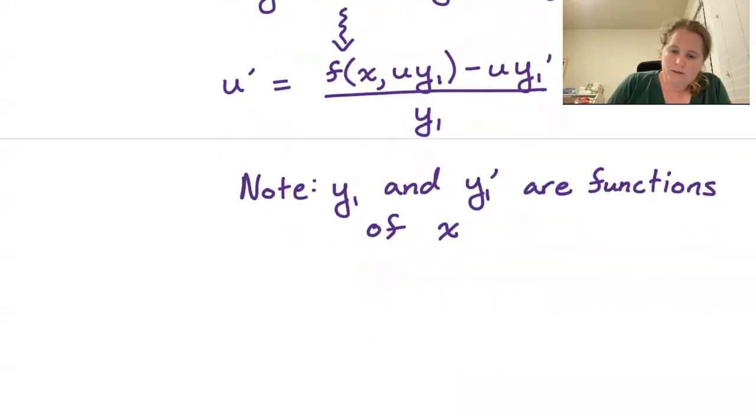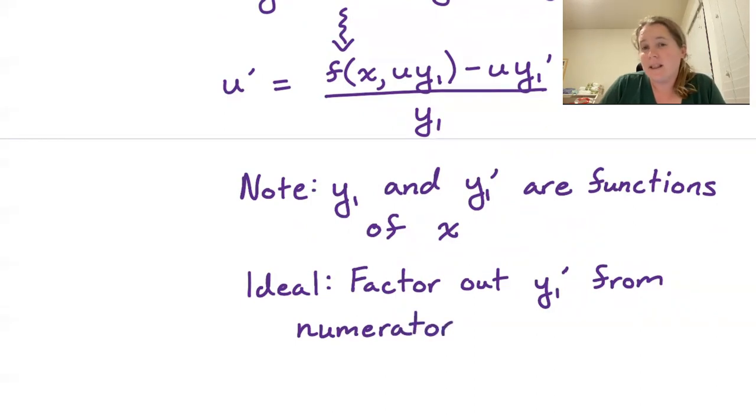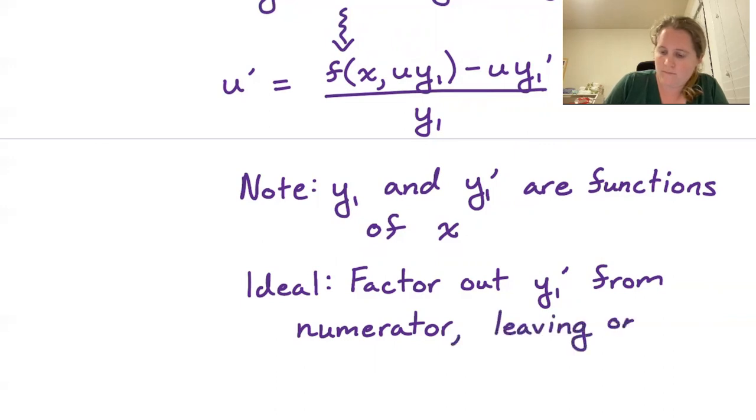So the ideal situation would be if we could factor out y1 prime from the numerator, so that all that is left is in terms of u, leaving only a function in terms of u.